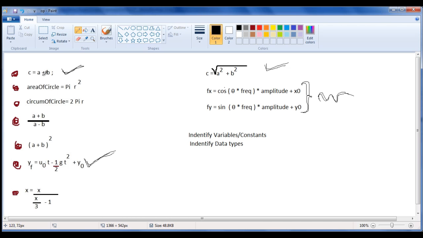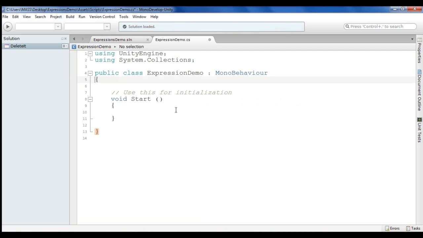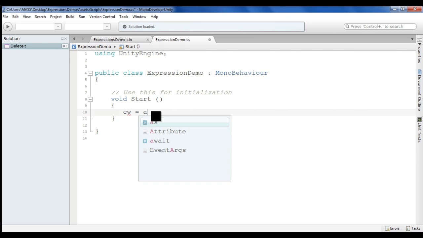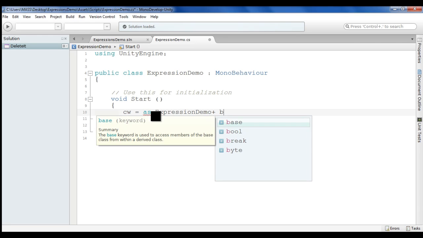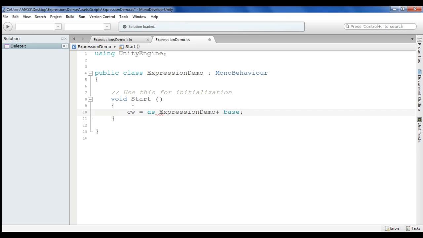So let's start with C is equal to A plus B. Now we very clearly know that A, B and C are going to be variables, right?